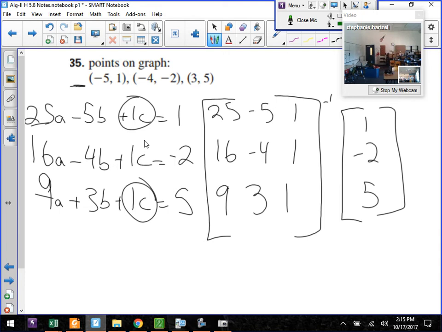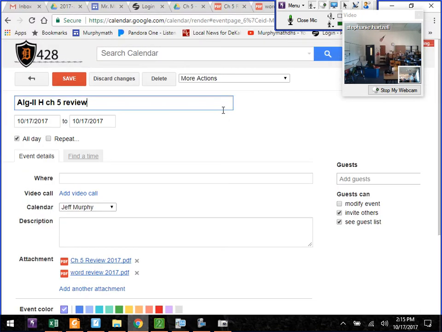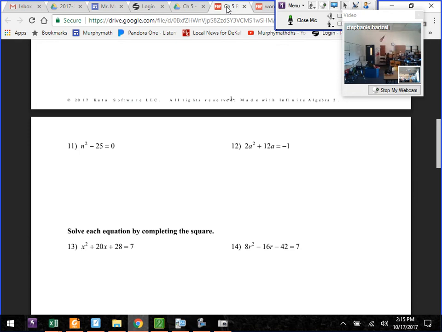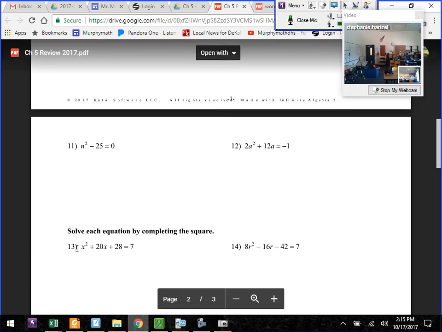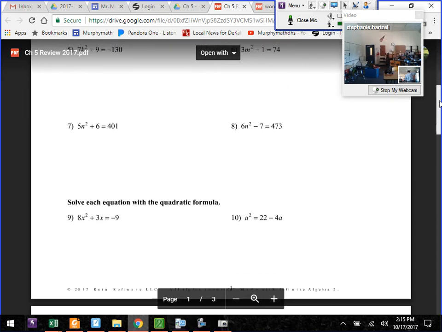So what I did was, on the calendar, I put up 2 separate documents. One is kind of generic, just some review stuff. It's got examples of factoring and quadratic formula, completing the square, square rooting things.